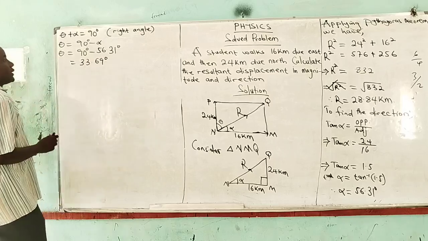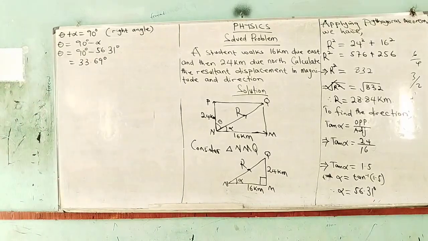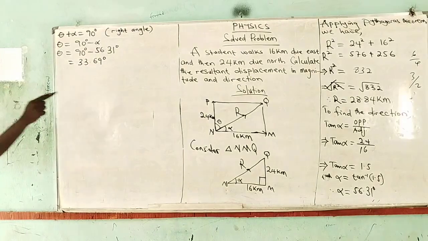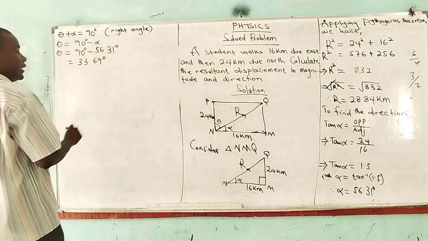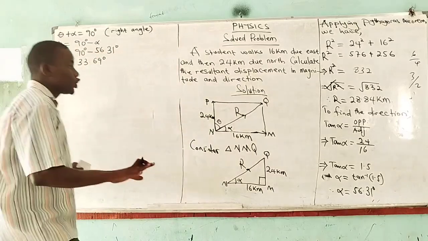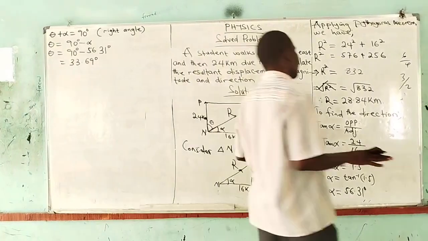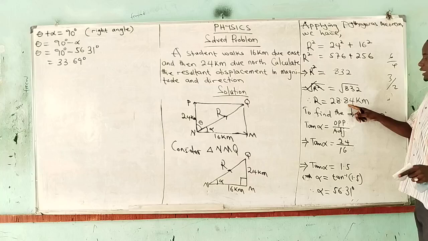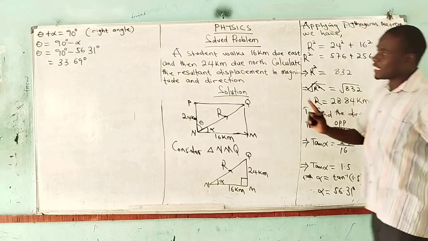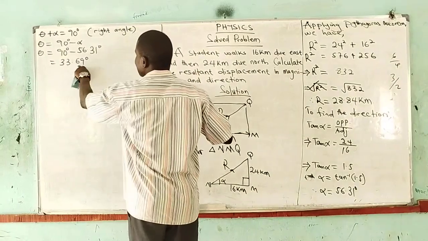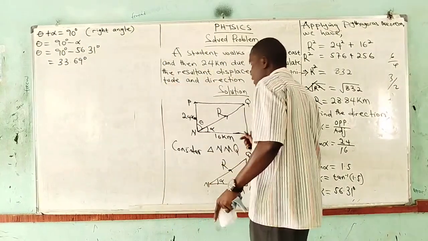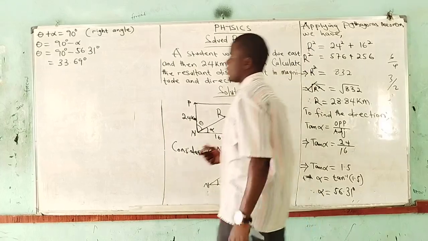So we have 33.69 degrees. It means this angle is 33.69 degrees. So the magnitude of our displacement is 28.84 kilometers. The direction is north 33.69 degrees east.